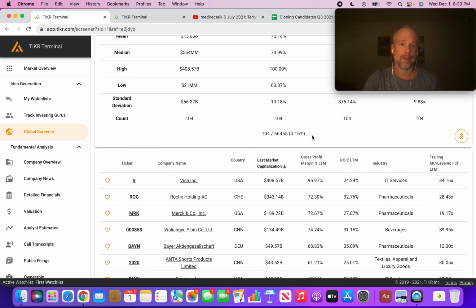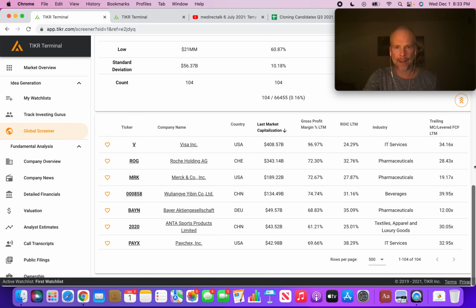So that's great. This particular set of metrics that I'm running for the Fundsmith screen really gets us to a very digestible number of things to look at.